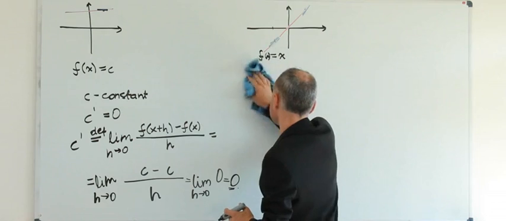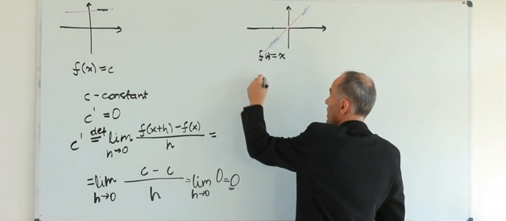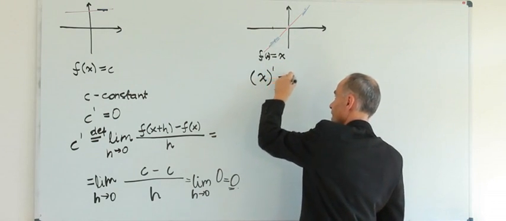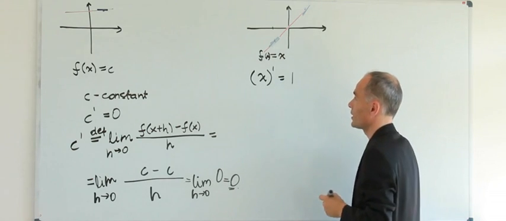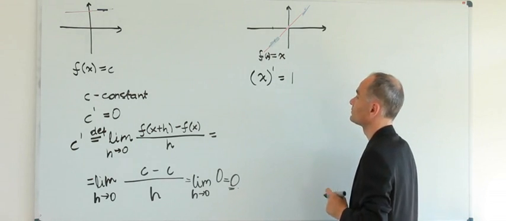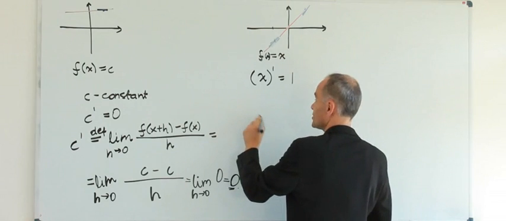So let me prove this again. I will prove that the derivative of x is 1. Here the differentiation is with respect to x. Again, we will use the definition.